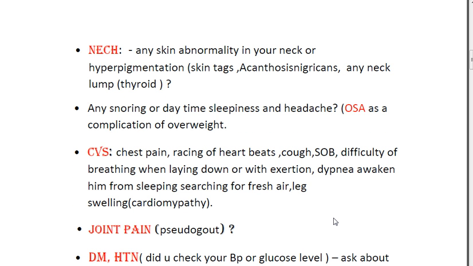Okay. For the cardiovascular system, we agreed that this patient may have cardiomyopathy. So you have to ask about cardiovascular symptoms like chest pain, racing of heartbeats, cough, shortness of breath. And if there is shortness of breath, you have to do analysis of it. Is it on lying down or on exertion?